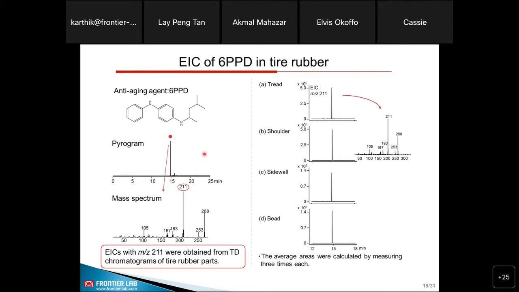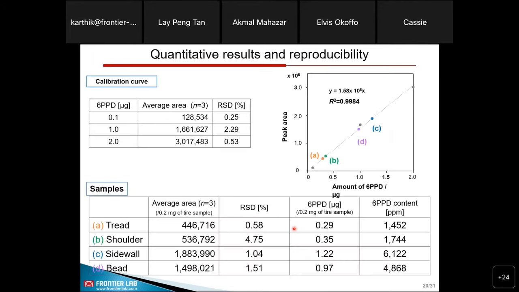And all four different samples have been analyzed for this 6PPD. You can see they all show the presence, but the peak area may be different for different parts of this tire. What we have done is create a calibration graph with three different concentrations of this PPD, 0.1, 2, and 2 micrograms.